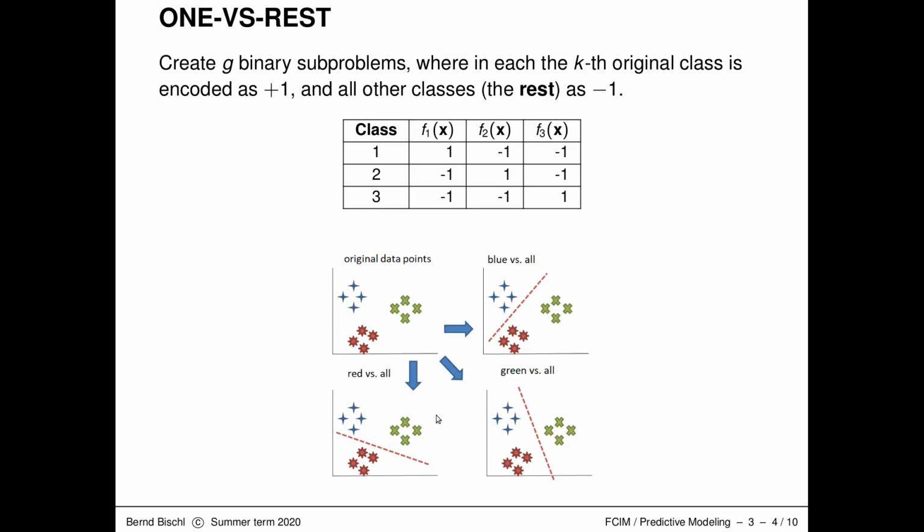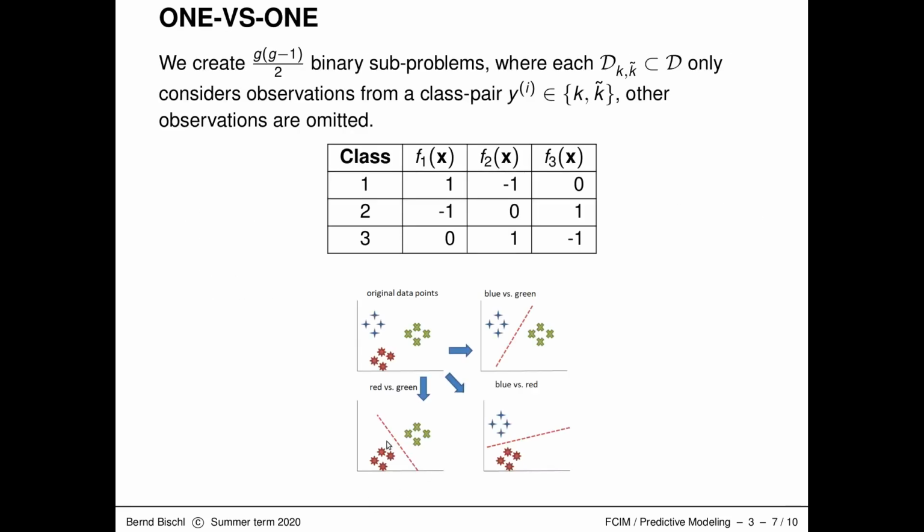What I have to do in 1 versus rest is find, assuming for example that you're only using simple binary classifiers, for example linear ones, or at least not super complex nonlinear ones, a simple decision boundary that separates this one class here from all of the others. And usually this is much harder with a simple decision boundary than simply separating one class from one other class.